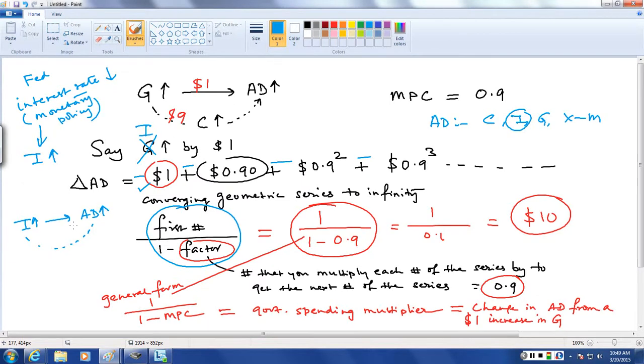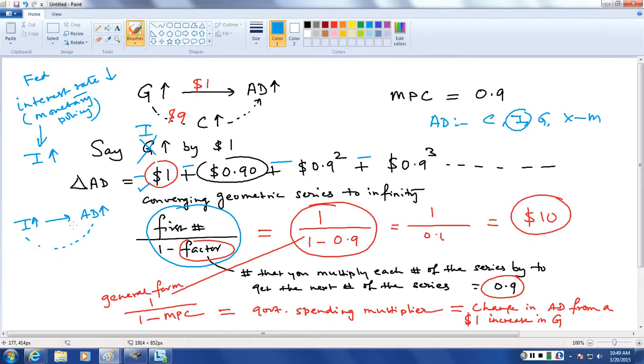What happens to that dollar that businesses spend on new machines? It goes into the cash register of a company that makes machines, right? Where does it go from there? Into the pockets of the workers who work in that factory. And what will these workers do with this extra dollar of income?